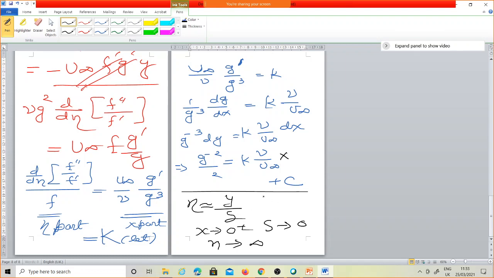And you know what g is? G is equal to eta by y, because eta is g y. So if eta becomes infinity, g will also become infinity. So the condition is when x is equal to 0 or tends to 0, your g tends to infinity.